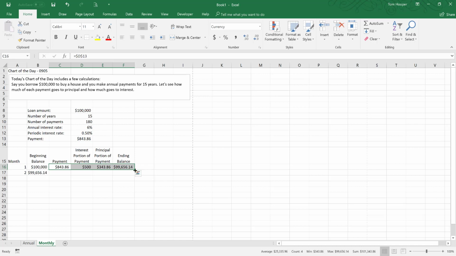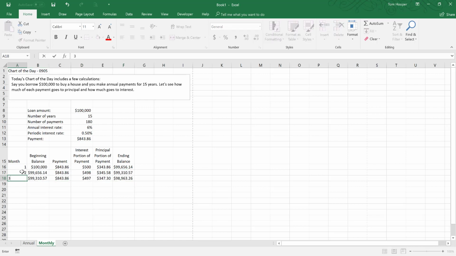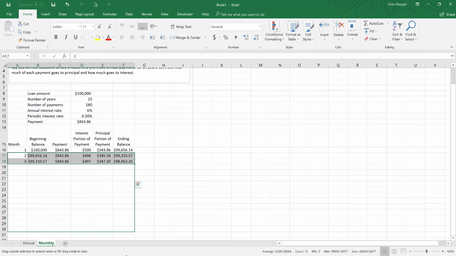We should be able to copy down all these formulas. And since we want this to go out to 180 months, let's select 2 rows. In Excel, we'll know to count from 2 to 3 to 4 and so on. And it will know to copy down the formulas that we have on row 17 and 18.